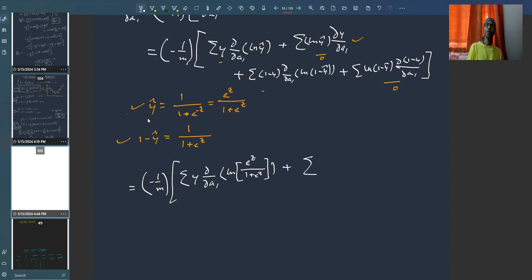Plus the sum of the second expression, we can ignore, 1 minus y ln of 1 minus y hat, which is 1 by 1 plus e to the power z. So this is actually equal to del a1 of ln 1 by 1 plus e to the power z. This is how it is.